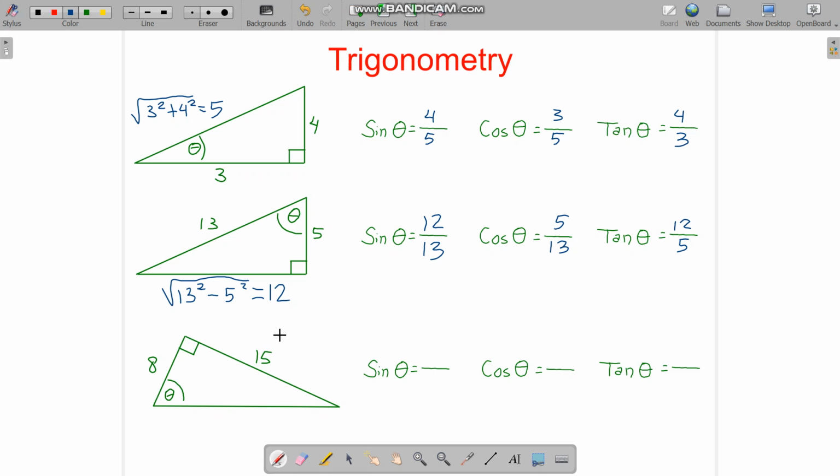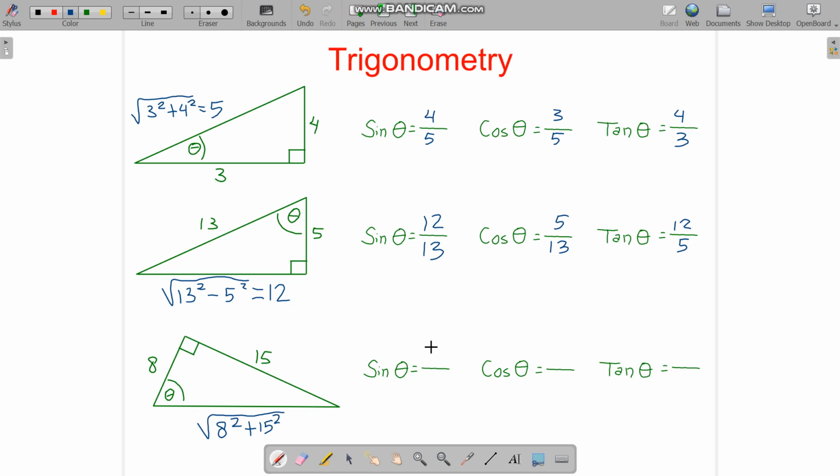For this triangle, this time we are also looking for the hypotenuse because it's across the right angle. And if we are looking for the hypotenuse, of course, we add. It doesn't matter, 8 squared plus 15 squared, or 15 squared plus 8 squared, same thing.